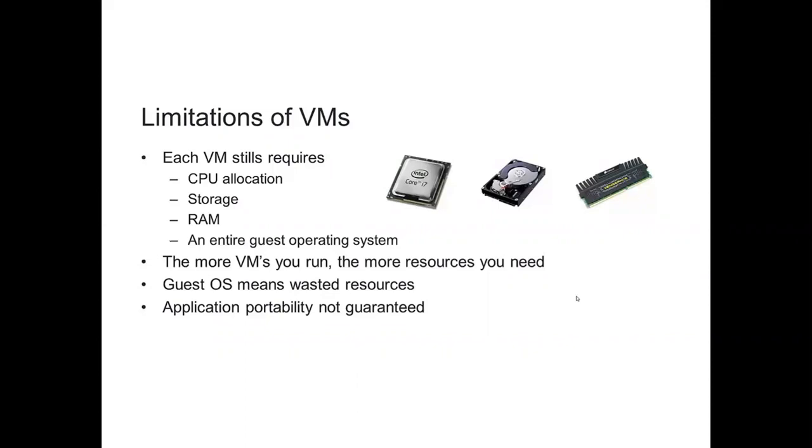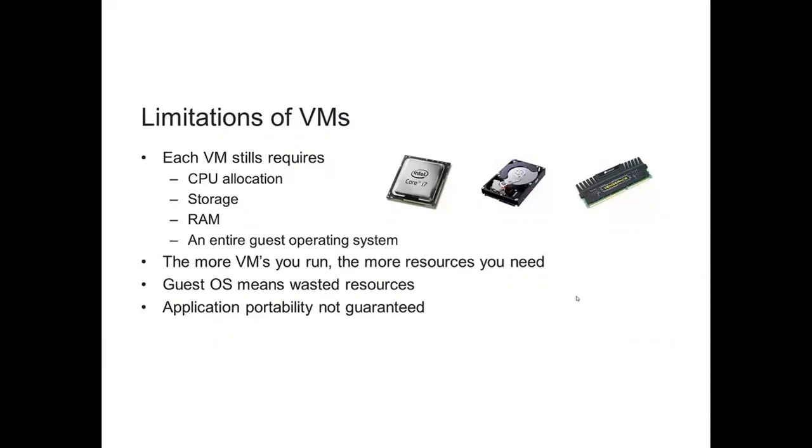In each VM, an OS has to be installed. We call it the guest OS. So the more VMs you run, the more resources you need. And because of this guest OS, resources are wasted, since you have multiple operating systems running inside those multiple virtual machines on the same hardware machine.